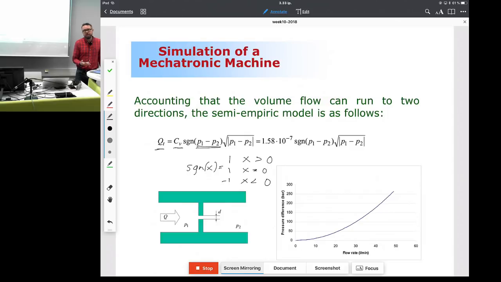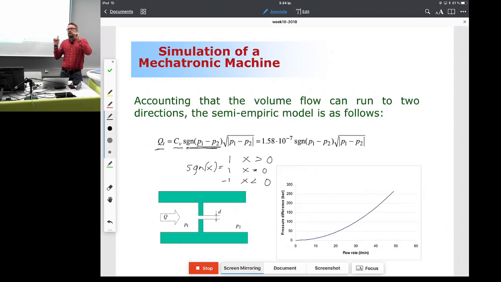Why do I need to use a sign here? In order to account for the fact that the flow can go in two directions. It can go back and forth depending on where the highest pressure is, because you're always trying to equalize the pressure difference. So if this pressure is higher than this, it's going to go in this direction, and the other way around. That's why I'm using the sign function to define the direction.